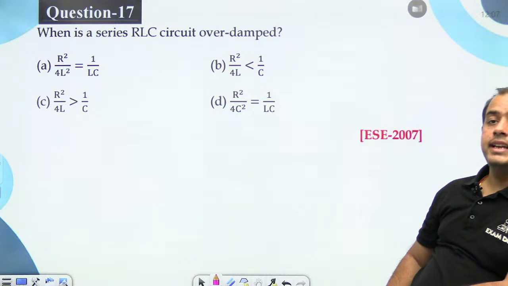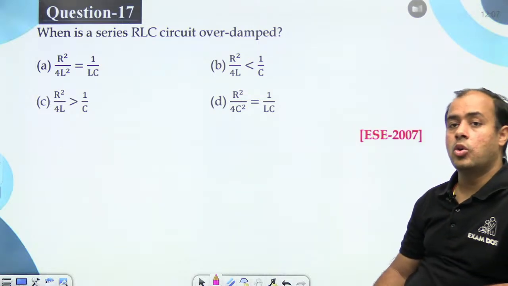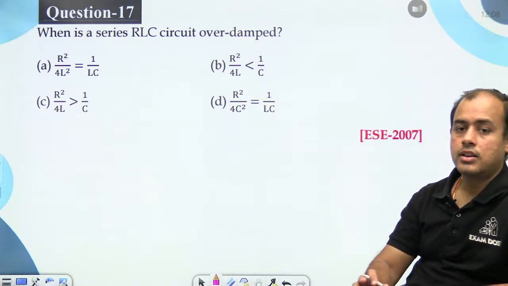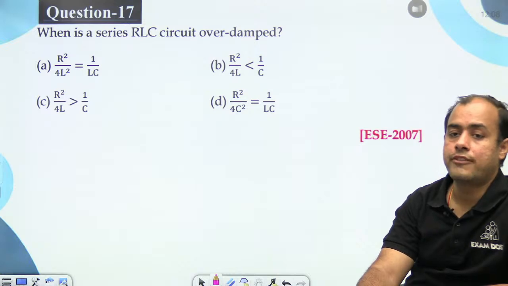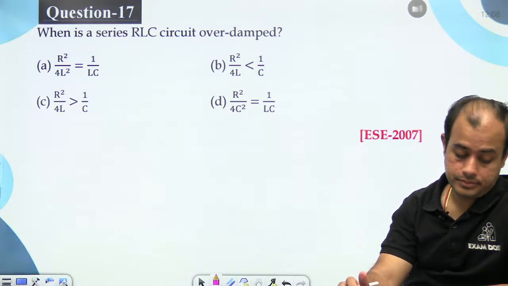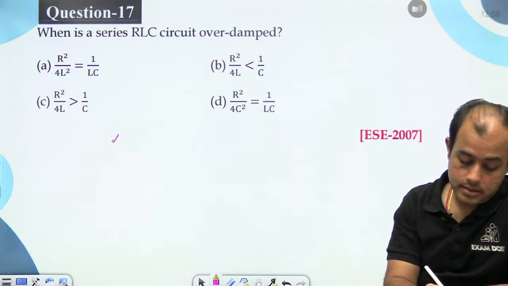When is a series RLC circuit overdamped? What is the condition of overdamp? That is alpha greater than omega naught.